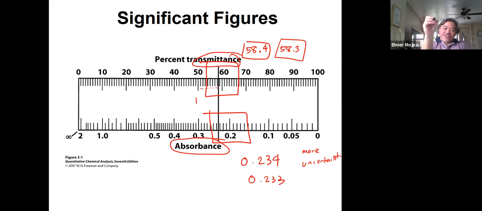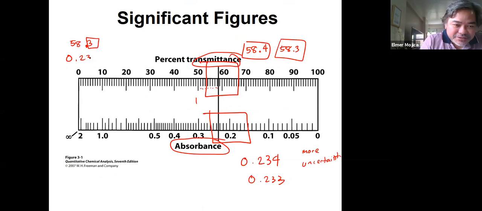So in transmittance, 58.3. So this is the one that is uncertain. In absorbance, it's 0.234. So which is the one that is uncertain? Which is a bigger number?